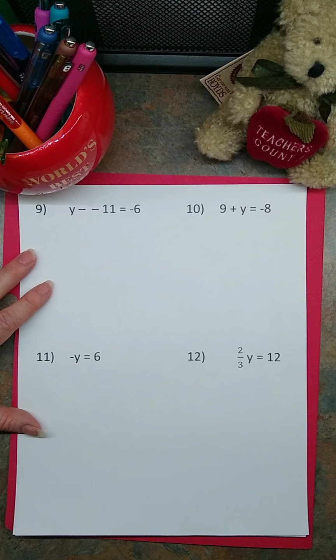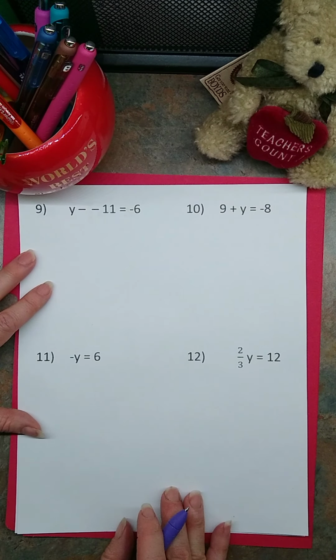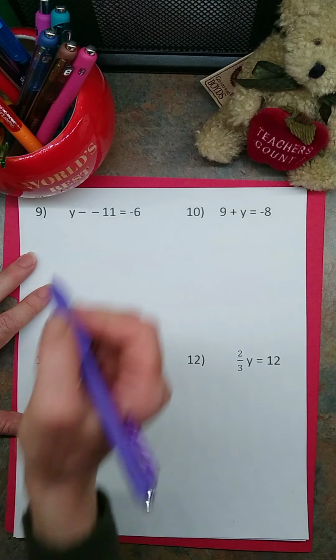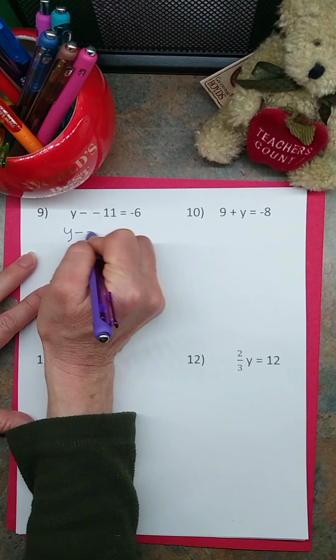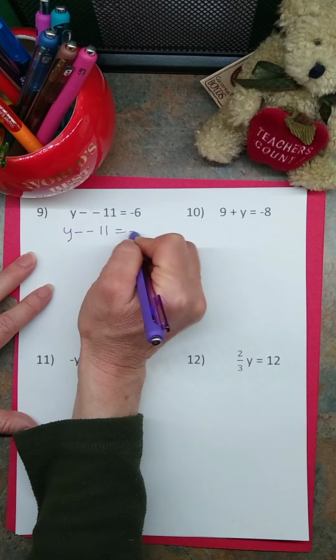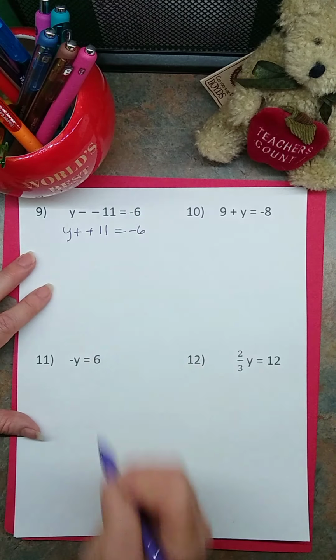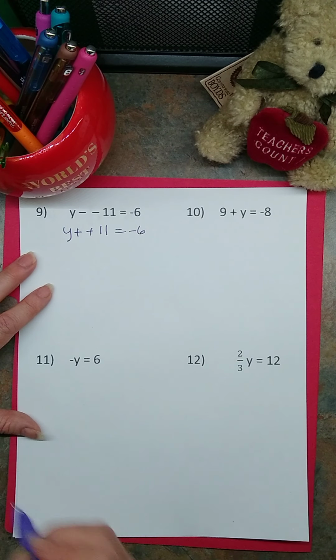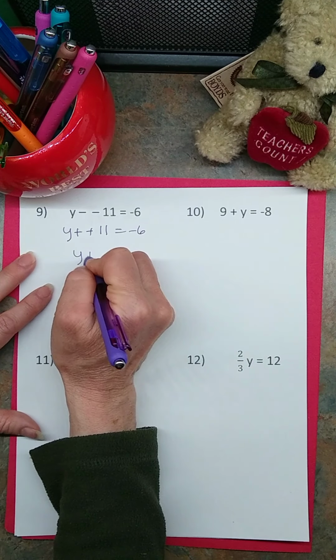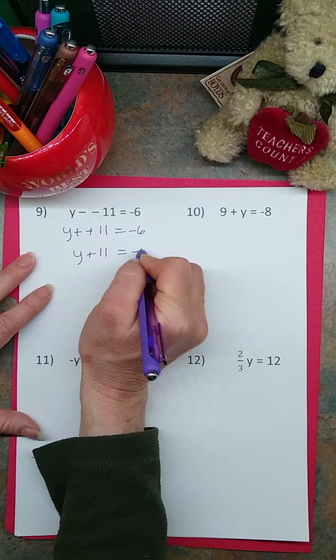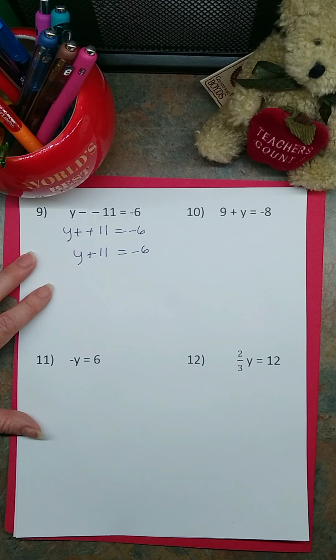Okay, on number 9, we need to simplify this before we begin. So, where it says minus a minus, you need to change that to a plus, and then erase the plus. Now you're ready to begin.